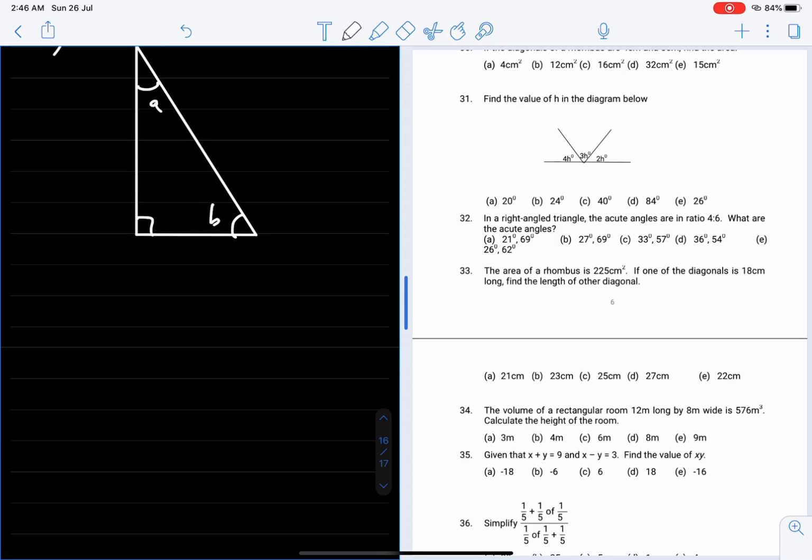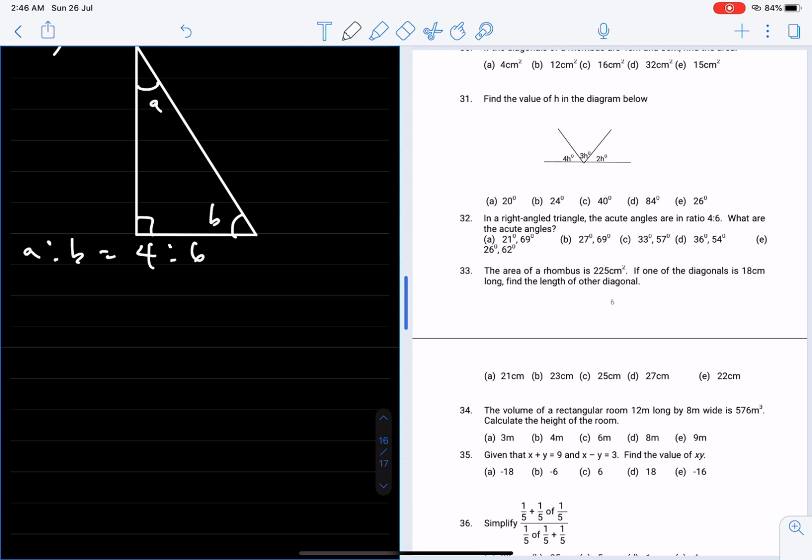That means the ratio A to B is 4 to 6. What that simply means is, in a right-angled triangle, the acute angles are in the ratio 4 to 6.